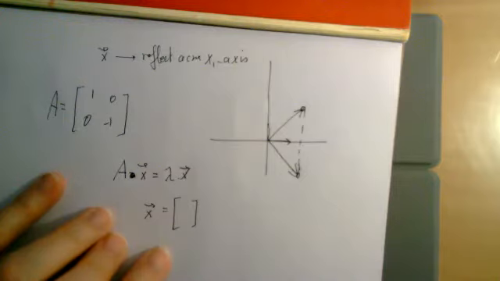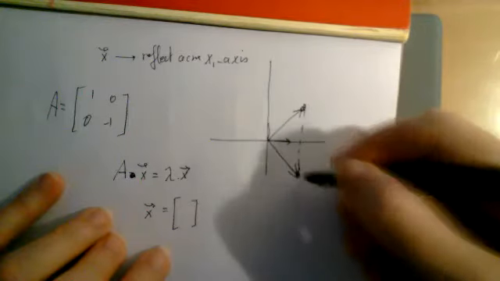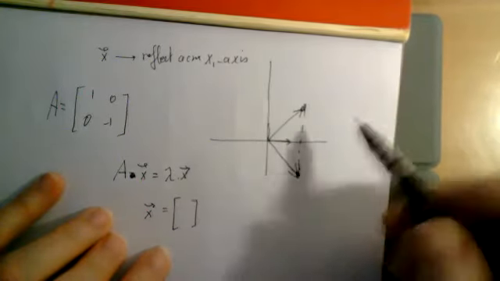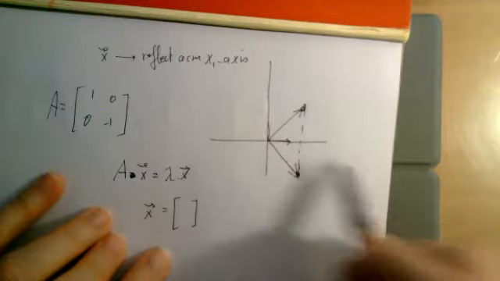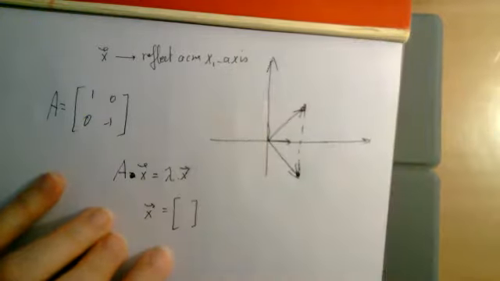You should be able to find it. Think what A does. It takes a vector, reflects it, brings it here. Give me one vector that A actually stretches, doesn't really do much to it except stretching it. Anyone?